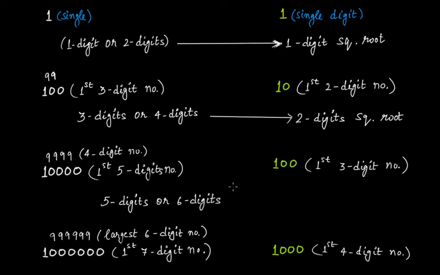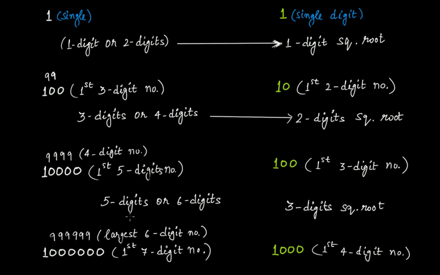Right? Now, since this is the first 4 digit number, that is 1000, that is the square root of this 10 lakh, it means that all these square numbers will have their square root having just 3 digits, because the 4 digit square root starts from here.